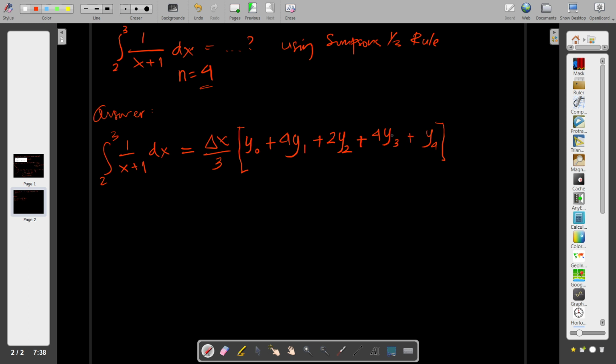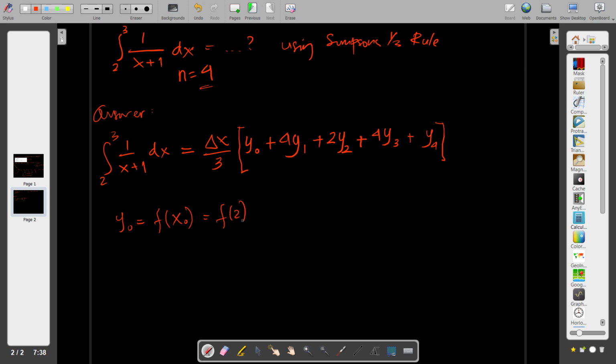Because we stop at n equals 4, it must be y4 without being multiplied by any number. Now we are going to find the value of y0. Because this integration starts from 2, the x0 must be 2, so y0 is f(2).